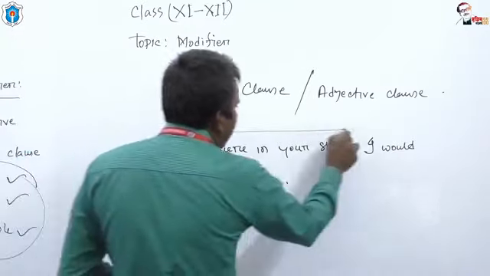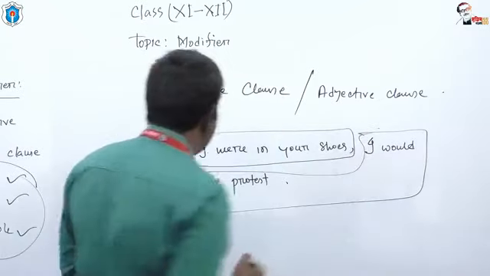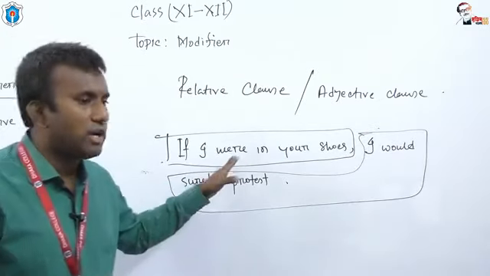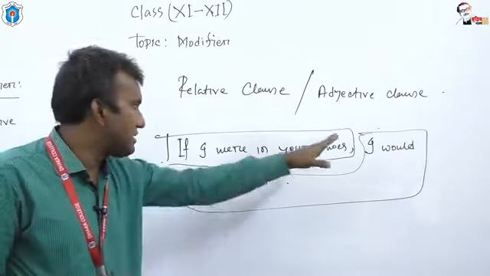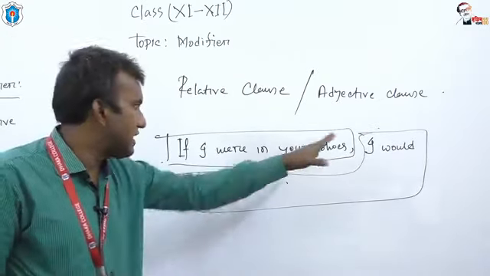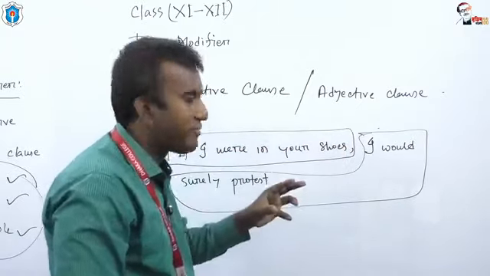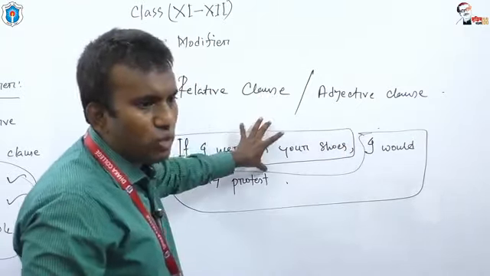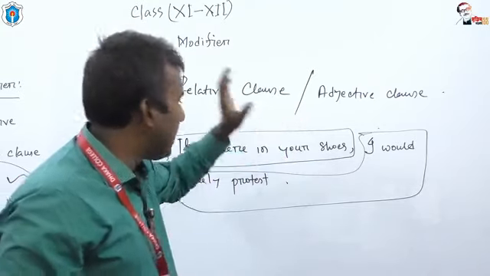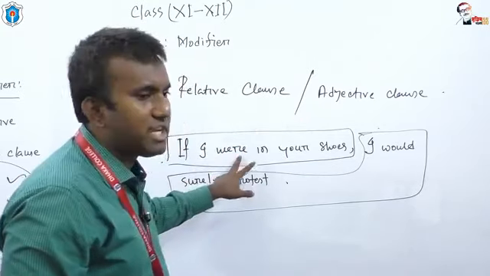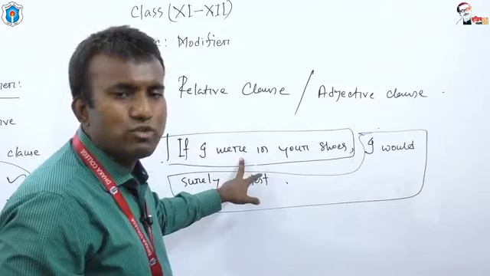This is the first part of the sentence and this is the second part of the sentence. The first part is if I were in your shoes. The second part is I would surely protest. This first one is a part of the sentence and this part contains one subject and one finite verb. Students, look at please.